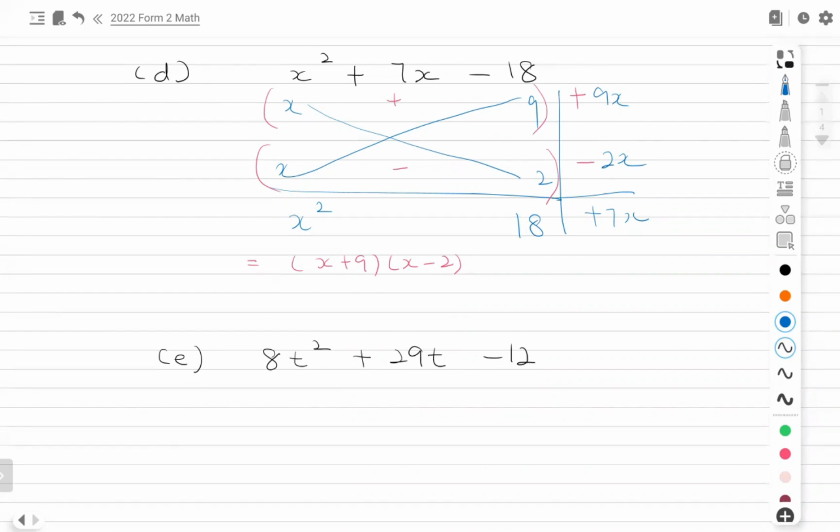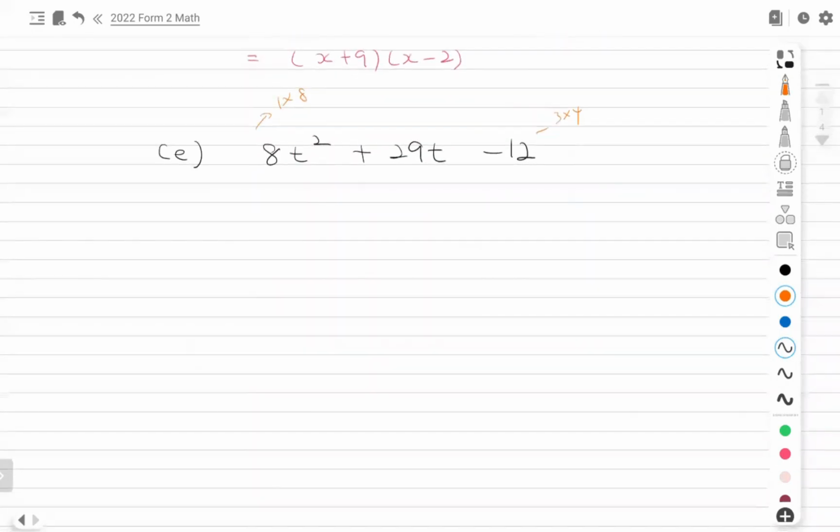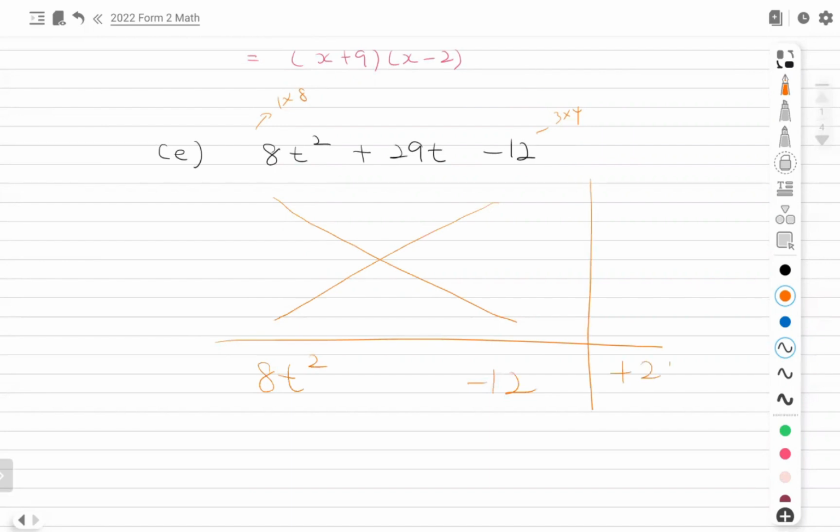Some hints: we use 1 times 8 here, and this one is 3 times 4. The rest you fill.